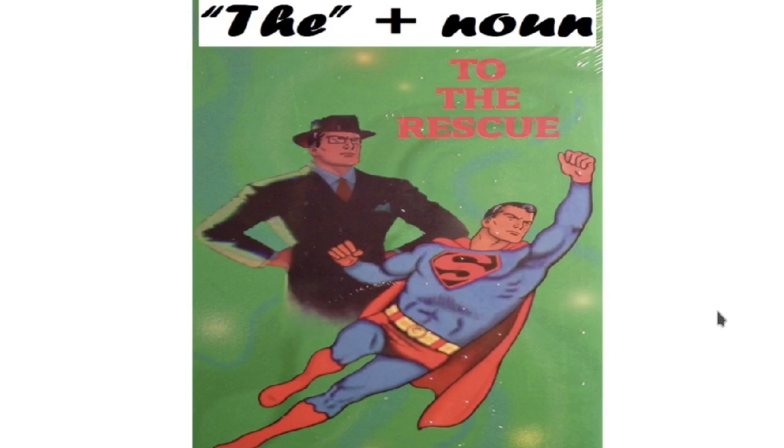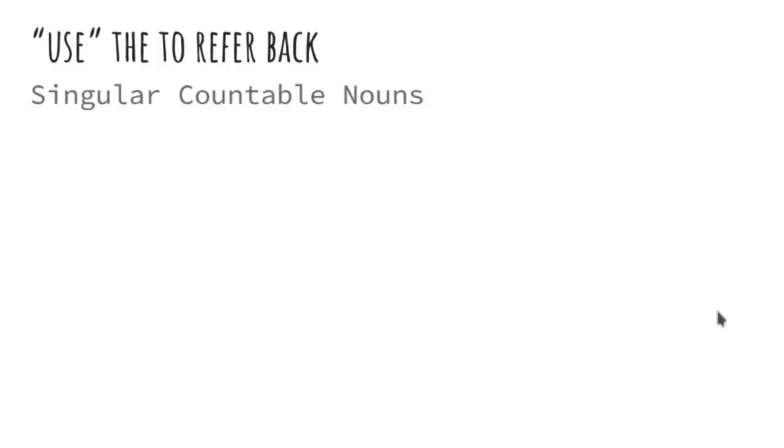In grammar, you can use the definite article the with any noun, unlike the indefinite articles a or an, which only go with singular countable nouns. So we can use the with countable, uncountable, singular, and plural nouns. Here are some examples. I bought a book. Book is a singular countable noun.